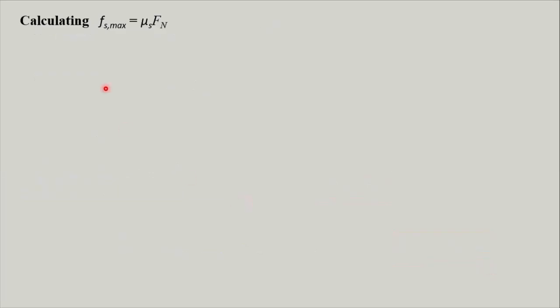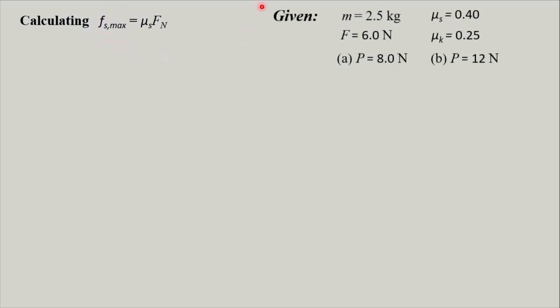Now we continue with calculating the maximum force of static friction. So we have given numbers. We have a block on the surface. We select a vertical axis y normal to the block and to the surface, and we take into account the vertical forces on the block.